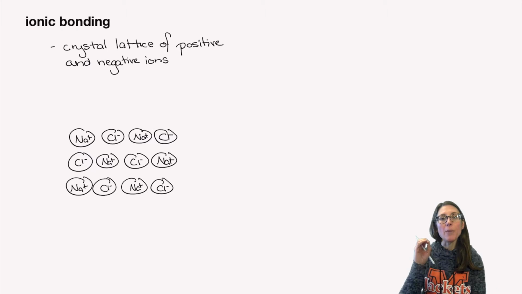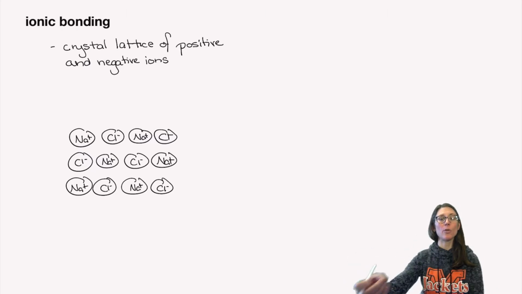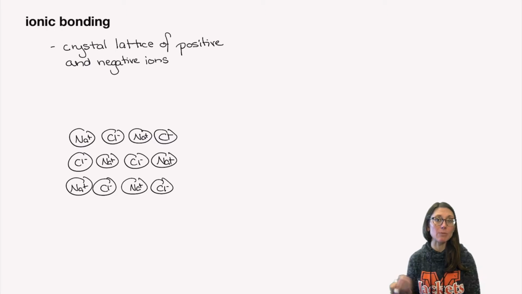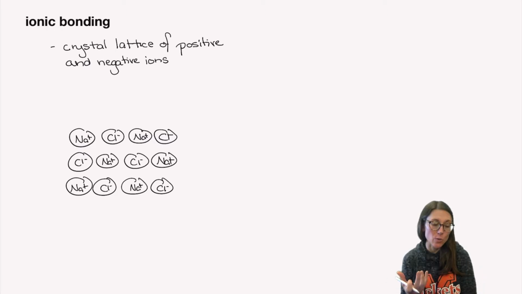So these positive and negative ions are arranged in this three-dimensional structure that's going to maximize the attraction between positive charges and negative charges. Because as we've talked about, opposite charges are attracted to one another.